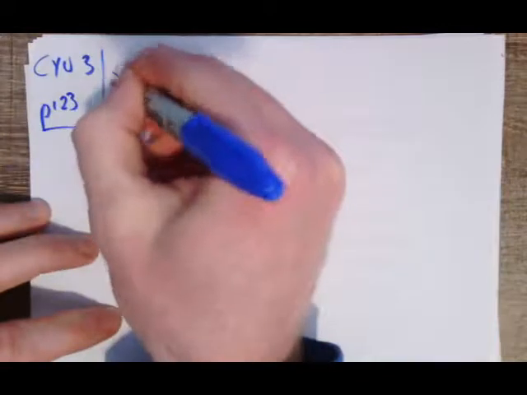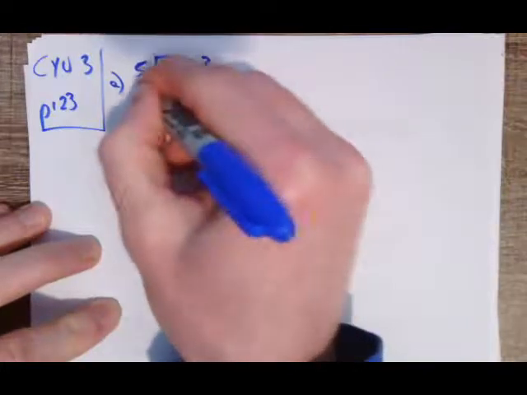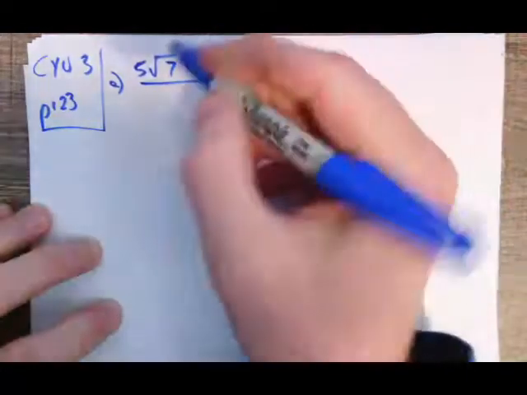Look at all these examples. Number 3. Oh, see? This stuff we've already kind of learned in a casual way. So we have 5 root 7 plus 3 over root 7.